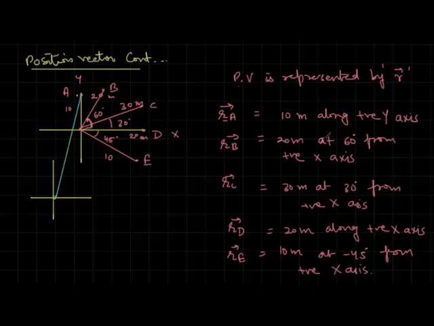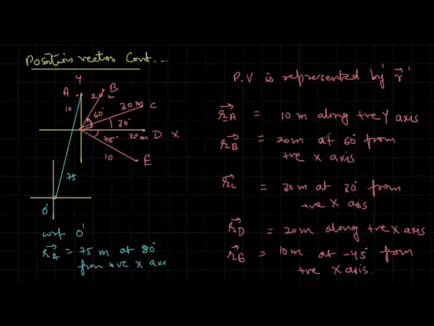So when we are talking with respect to the new origin, position vector of A is equal to 75 meter at, let's say, 80 degree from positive x-axis.